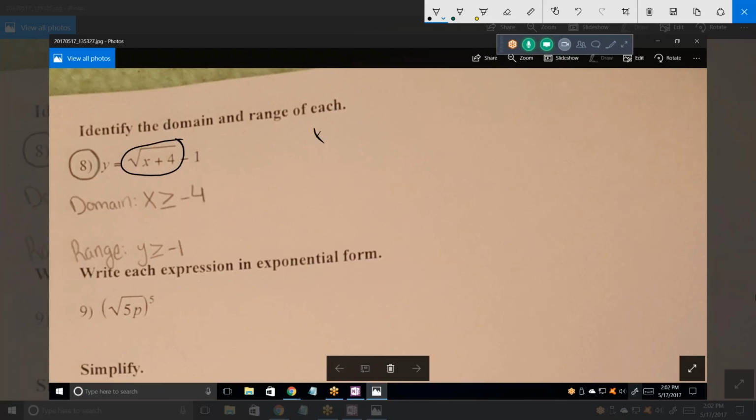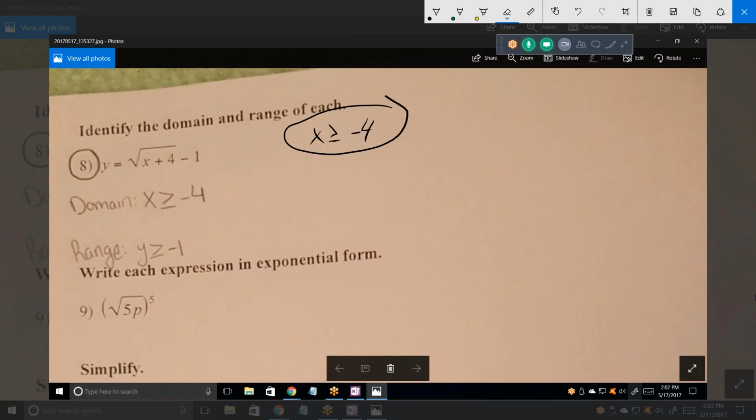If x is not greater than or equal to -4, then we're going to be taking the square root of a negative number. You cannot do that. So that's definitely the domain. As long as x is greater than or equal to -4, then you will not be taking the square root of a negative number. All right.